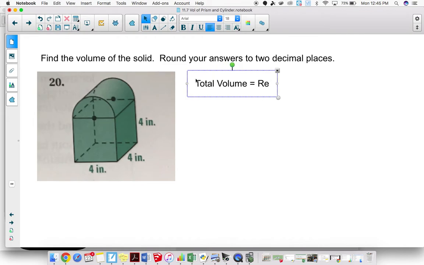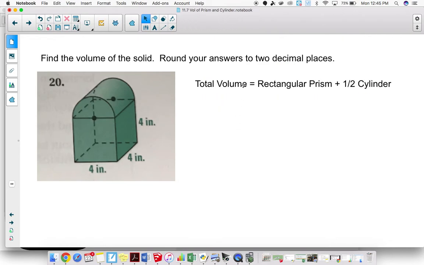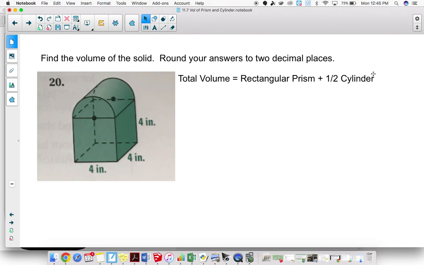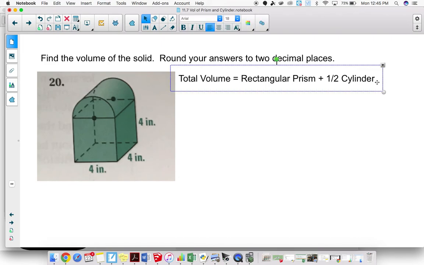So it's going to be a rectangular prism, which is kind of like that box you see. And then we're adding on half of a cylinder. Half the cylinder. So let's see what that's going to look like. I always write my formulas first and then just kind of develop around the formula.